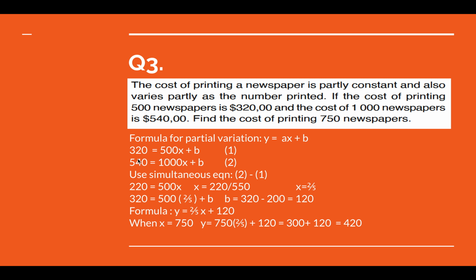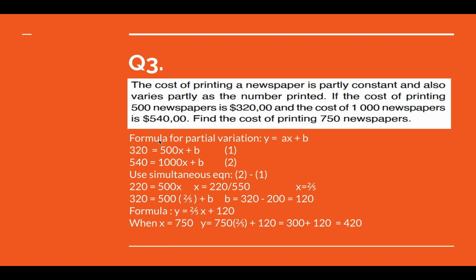Here we said 540 is equal to 1000x plus b, because again, it partly varies as the number printed. The number printed is the number of newspapers. That's why you put the 1000 here, and we don't put the 540 here. I hope you understand that.